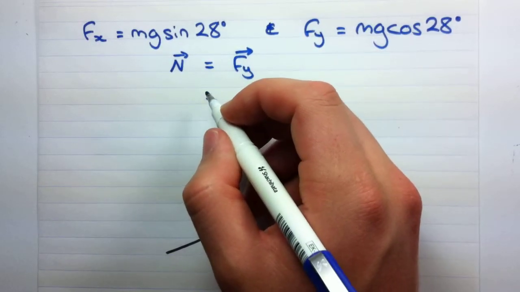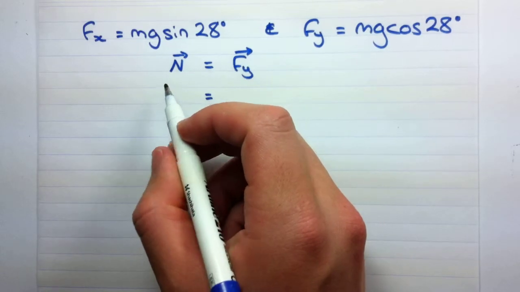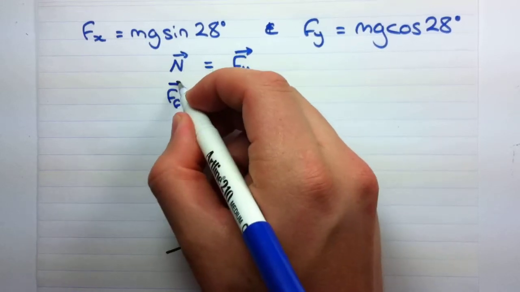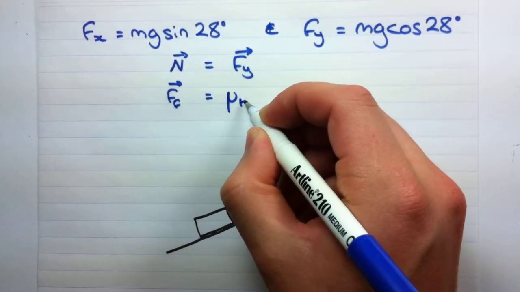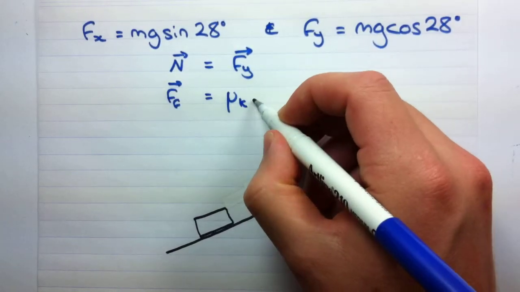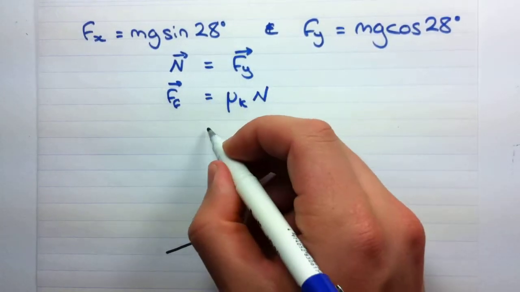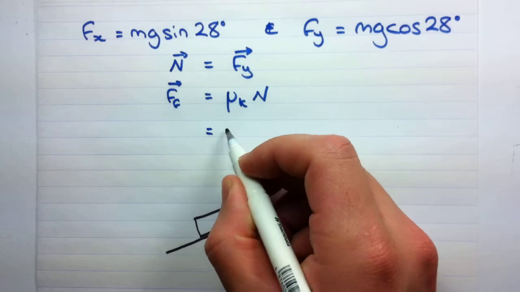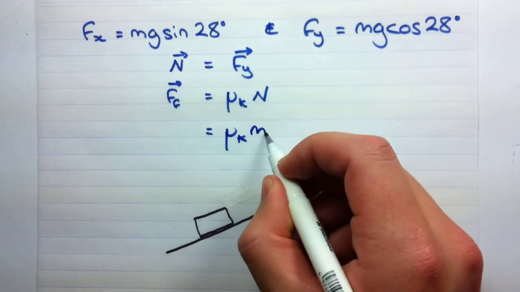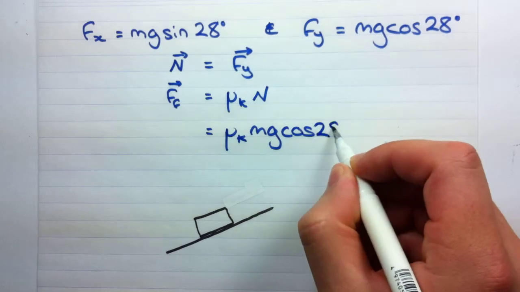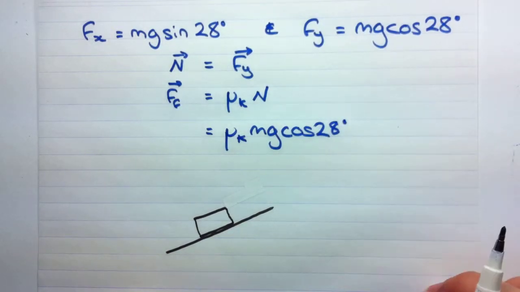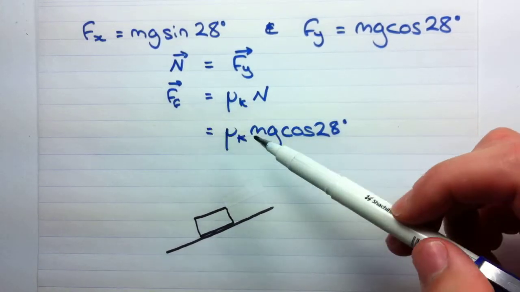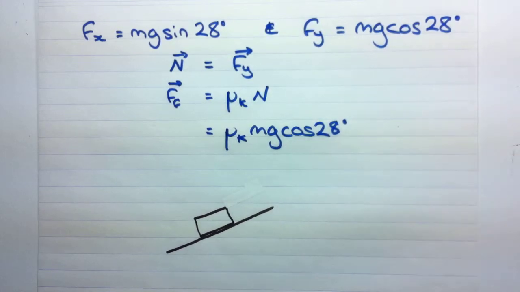We also have the frictional force, and we have an expression for that from a previous video. Now the block's moving, so that's kinetic friction. And we know that the normal force is equal to Fy, which from here we can just sub in: μk mg cos 28 degrees. Now I'm going to leave the numbers out till the very end because that's what causes a lot of mistakes. So we've got an expression for our friction force. And now let's move on.